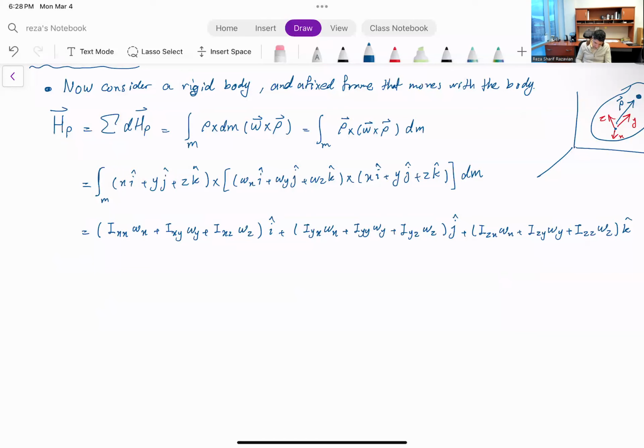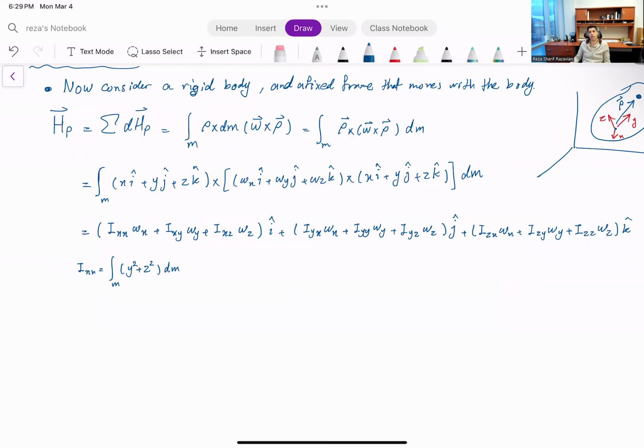And then what are these I somethings? Ixx is something we had seen before. It is the integral of y squared plus z squared dm, summation over m.